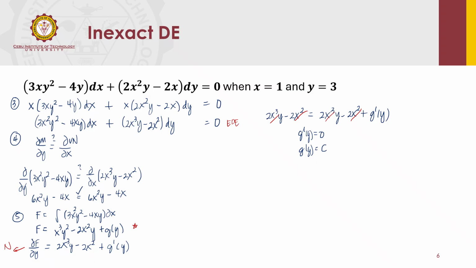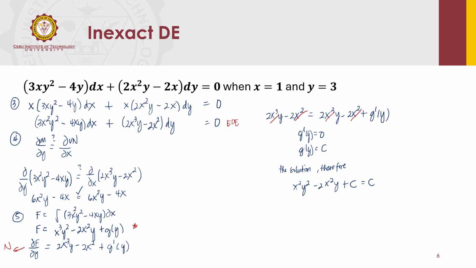Okay, so the solution, therefore, f is x cubed y squared minus 2x squared y, and then plus g of y, which is c, and equated to another constant. So the combination of the two terms is still a constant.